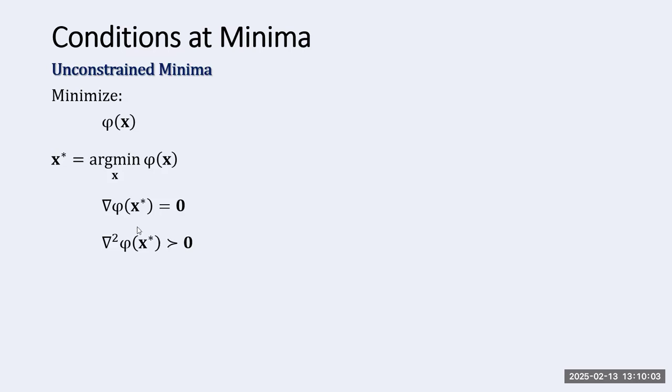These are the first order and second order conditions for the minimum. For vectors, it's the same thing. Instead of first and second derivatives, we use the gradient and the Hessian matrices. The gradient vector has to be equal to zero, and the Hessian matrix has to be positive definite.